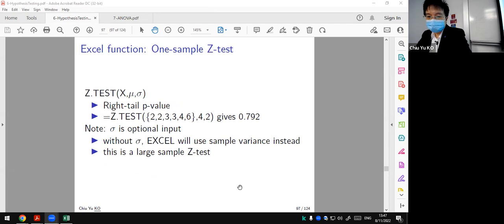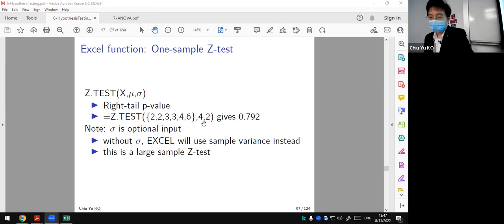This one basically does the following. If you give the data, which is 2, 2, 3, 3, 4, 6, and then you put the mu, which is the mean, you test whether it's equal to 4 or not.